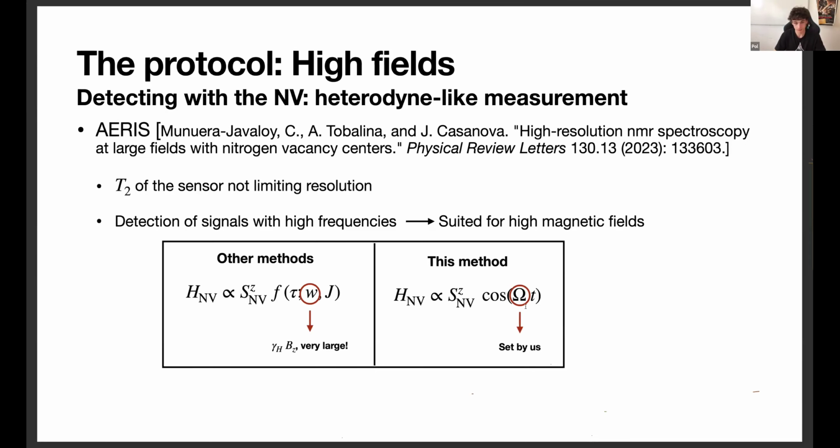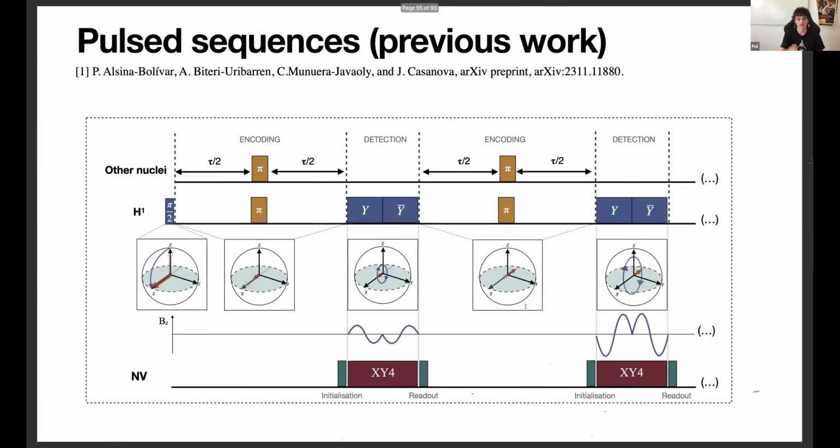This is the basic sequence of that work. Part by part, first, imagine you have a molecule, so each horizontal line here corresponds to one spin.